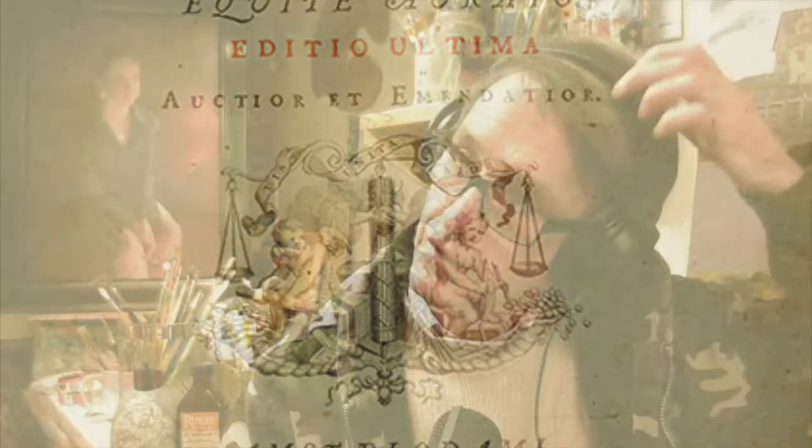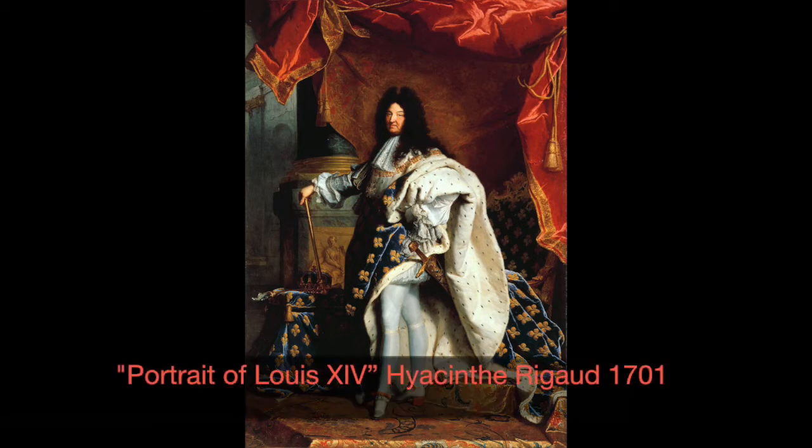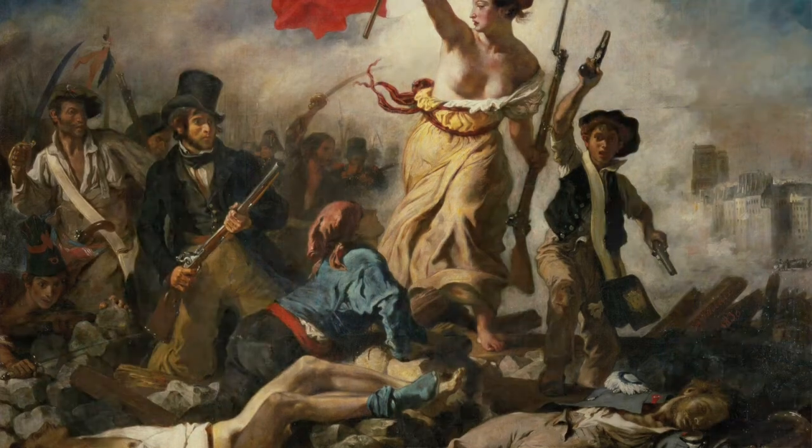The French date the Enlightenment from the death of Louis XIV, and the end of the Enlightenment was the beginning of the French Revolution.